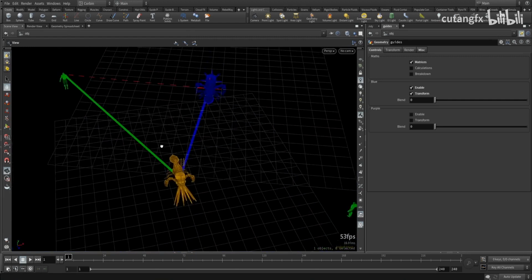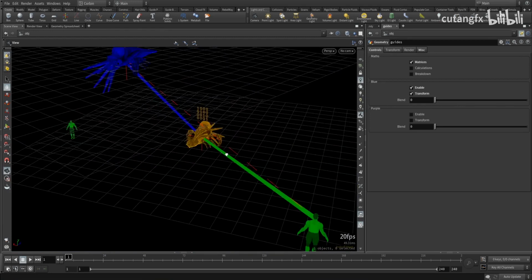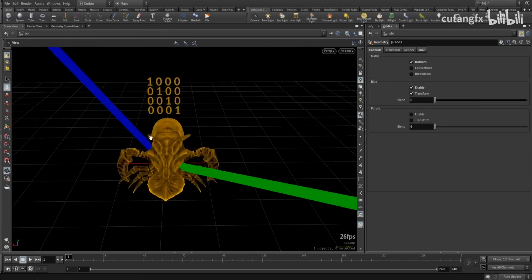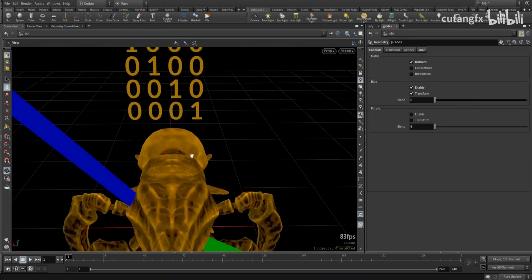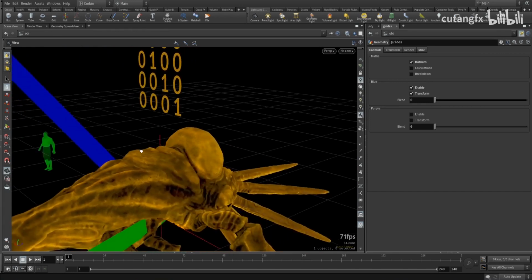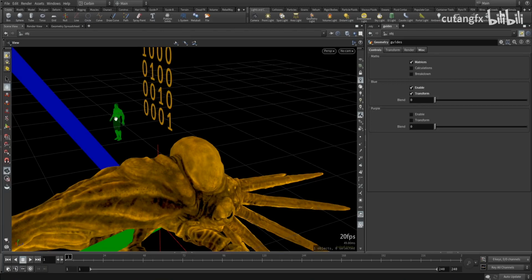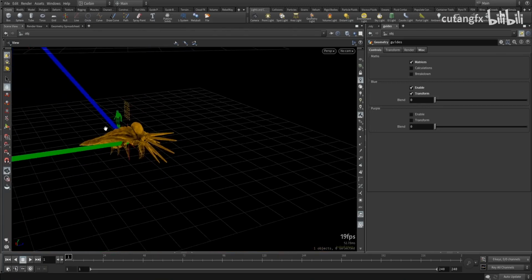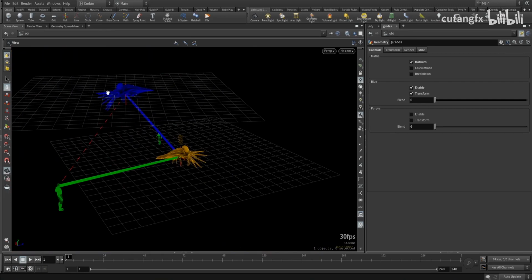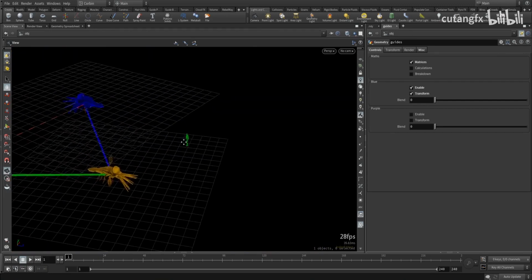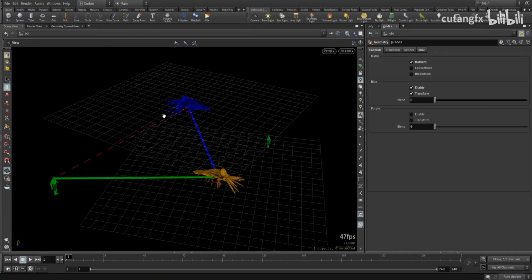Well, if we now go to the orange guy who is at the center of the world, okay, so he is in world space, and we look a little bit to the left and down, well, we see Neo in exactly the same position as he was relative to the blue guy. So ultimately what we've done by calculating the difference matrix here, in other words the red line, by subtracting these two.